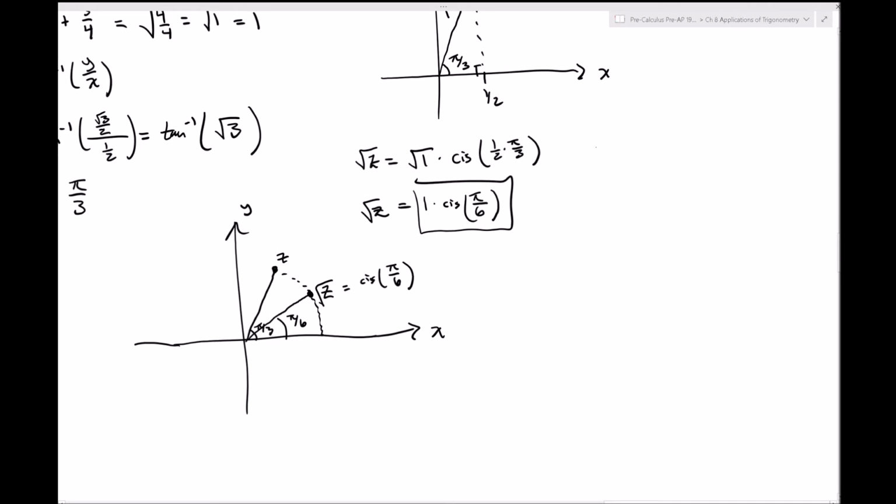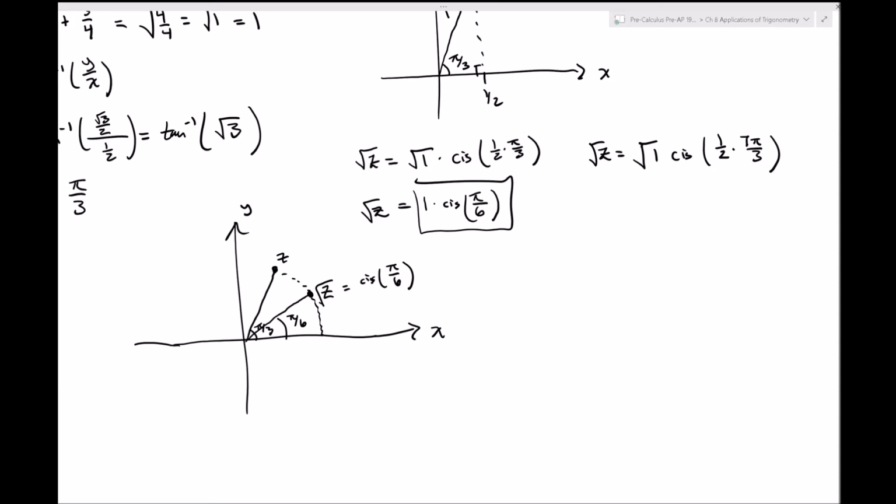I'm going to take the square root of z, which we can also rewrite as the square root of 1 CIS 7 pi over 3. 7 pi over 3 is functionally the same thing as pi over 3 because the CIS function is periodic. Every full circle, it returns to the same value.